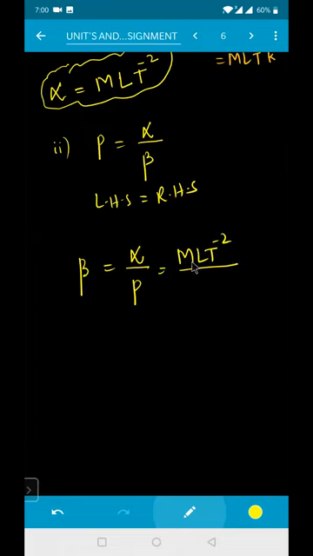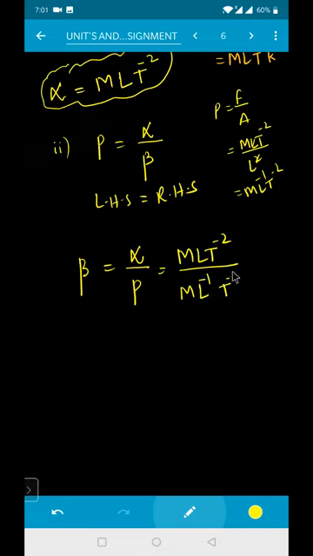The dimension of pressure. Pressure is equal to force by area. Force dimension is nothing but M into L T power minus 2, divided by area, which is L square. So L and this will get cancelled, and the dimension is M L power minus 1 T power minus 2. So this one is M L power minus 1 T power minus 2.